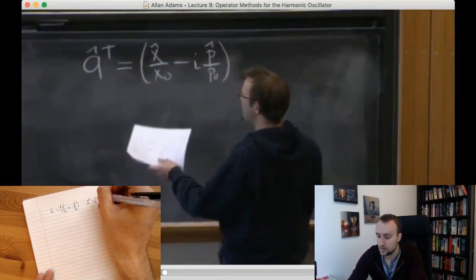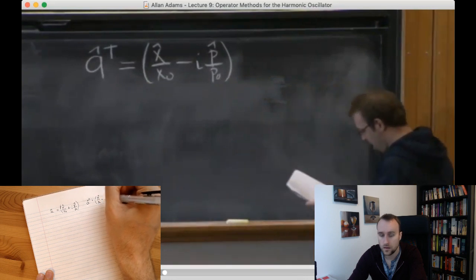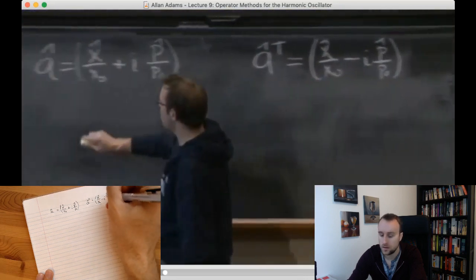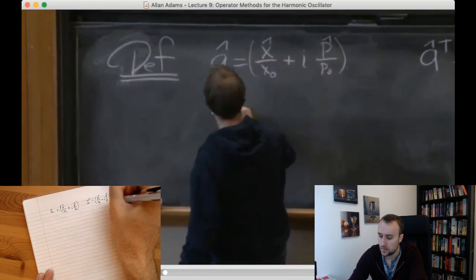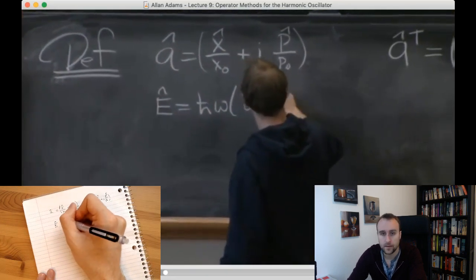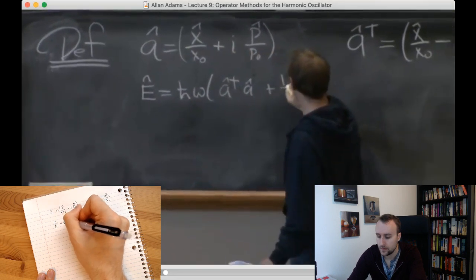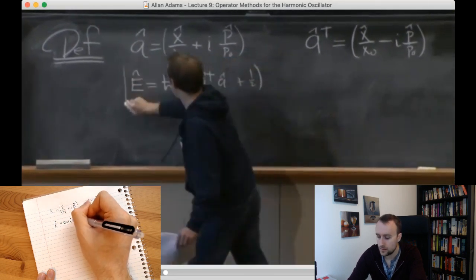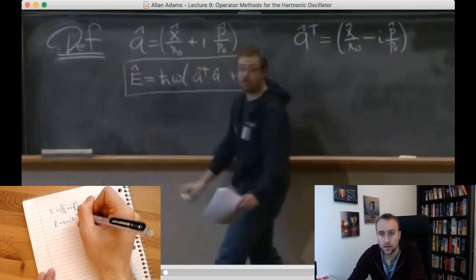So this is A dagger, and we can now write the energy operator for the harmonic oscillator as h bar omega times A dagger A plus 1/2. Everyone go with that?